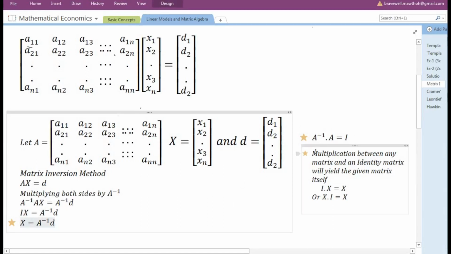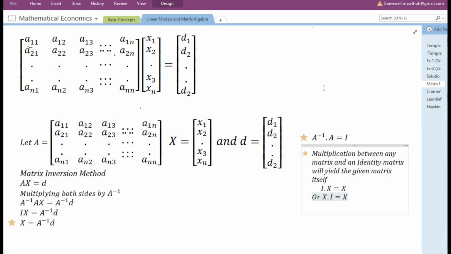Why is that? Again, multiplication between any matrix and an identity matrix will yield the given matrix itself, that is identity matrix times matrix X or vector X is equal to X. So given any matrix, if you multiply it with an identity matrix, then the resulting matrix will be the original matrix itself.